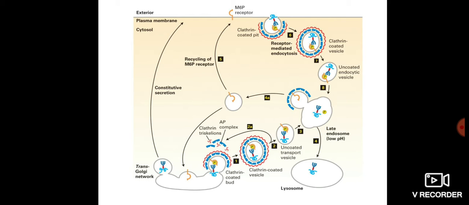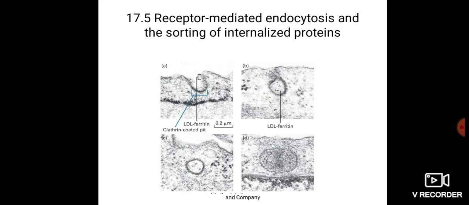So this is how the lysosomal protein will get transported into the lysosome through the formation and fusion of vesicles, which is mediated by the clathrin protein molecule. You can see this electron micrograph, wherein many proteins, cargoes, are going to get transported. Here it is LDL and ferritin, which is being shown.